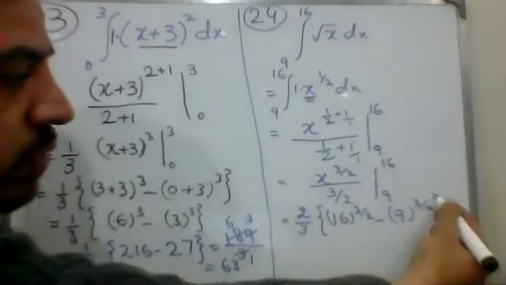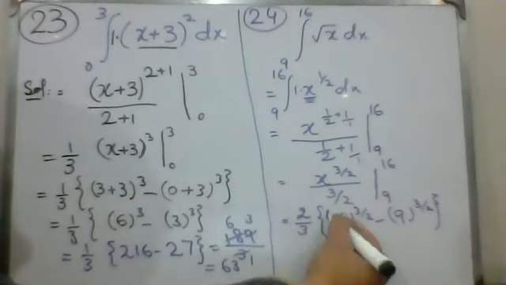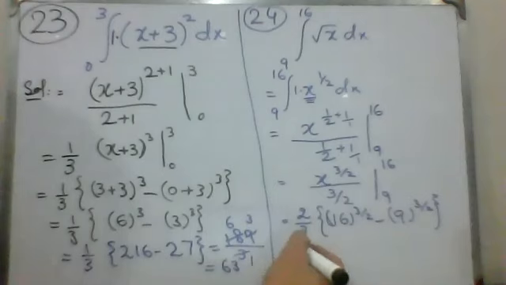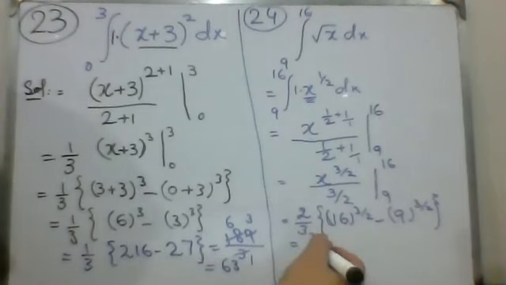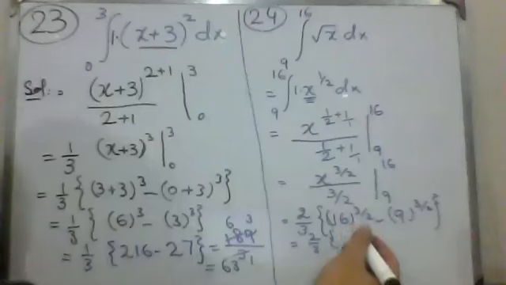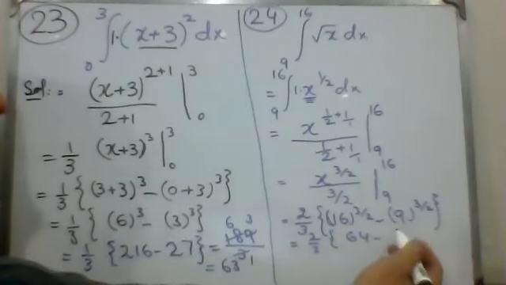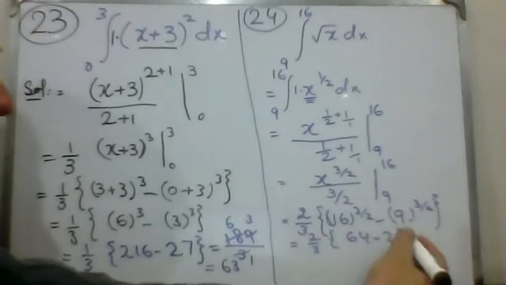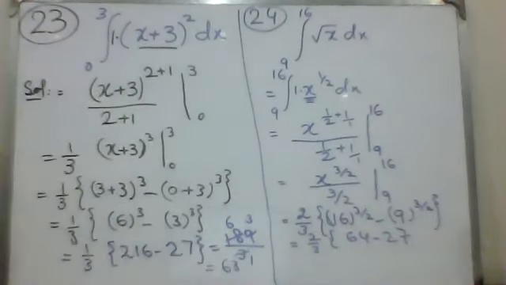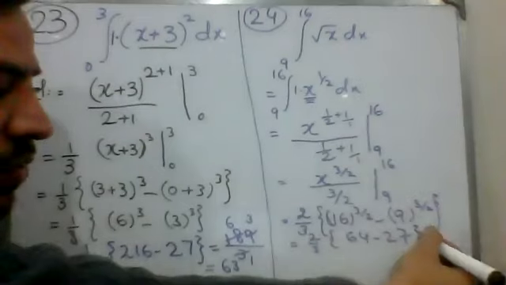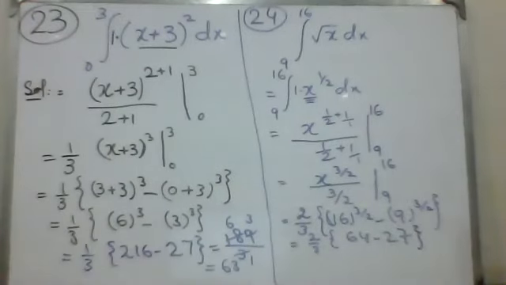Now use your calculator and find the value. So now you can calculate what value we get from here. I think when we calculate that we get 64 from here and 27 from here. 16 power 3 by 2, we calculate the answer is 64, and 9 power 3 by 2 we get 27. Now subtracting, 64 minus 27 is what?